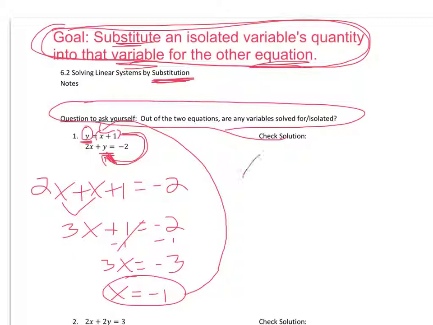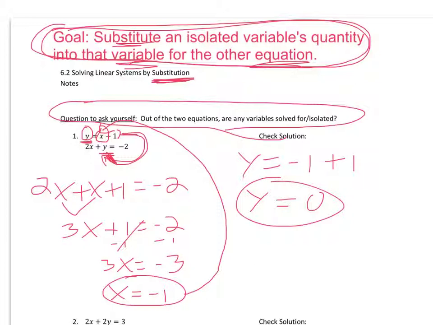So I have y equals, and this x right here, I replace with negative 1, and then I add 1 to it. Negative 1 plus 1 is 0, so I get y to equal 0. So if I graph both of these lines, the point of intersection is going to be at negative 1, 0.